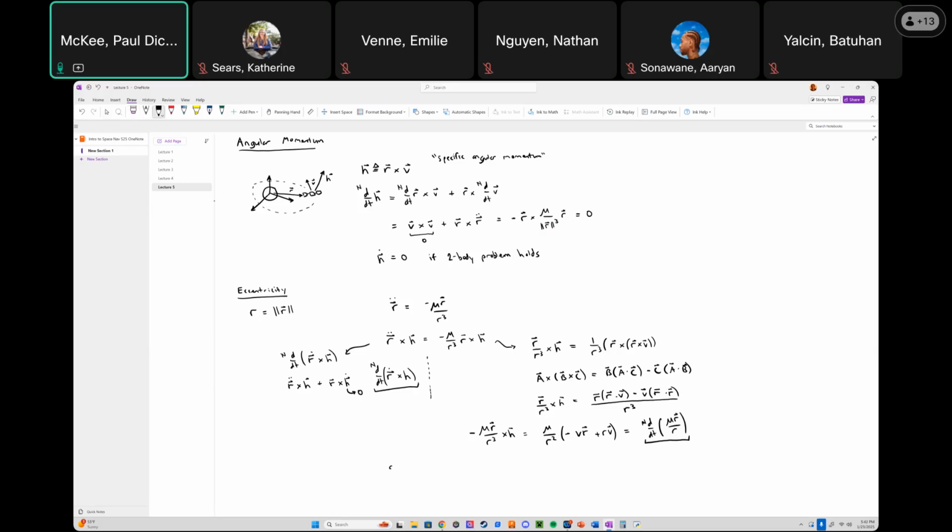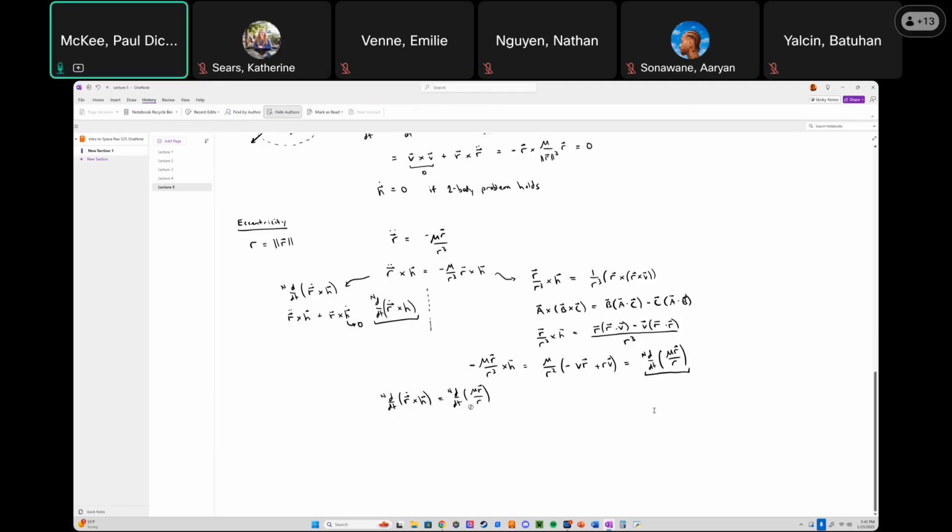So here we have d dt in n r dot cross h is equal to d dt in n mu r over r. All right. Now, is it safe to just do away with the derivative of both of those? No, because then you need to start thinking about like constants of integration.